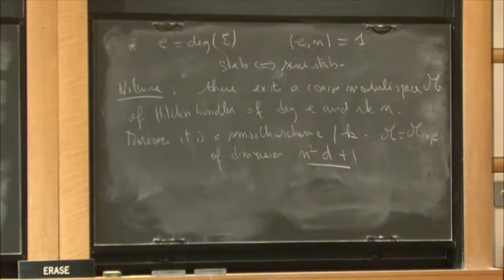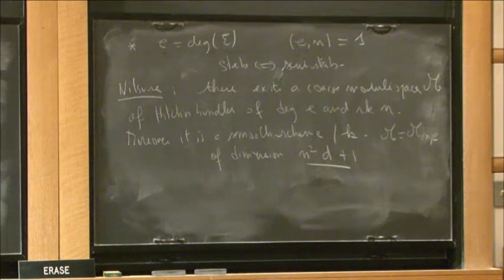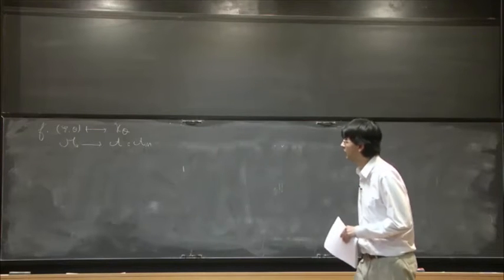So we get a morphism by taking the characteristic polynomial of theta from M to the affine space of all characteristic polynomials. I will denote it by f. So this morphism is a Hitchin fibration.